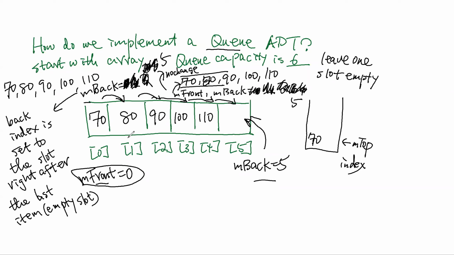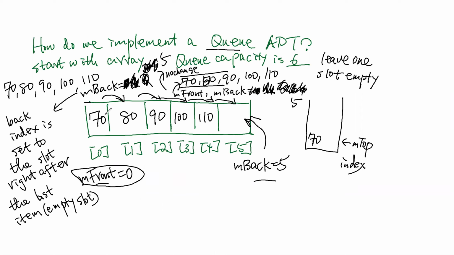And then the next one, let's see. I want to remove. Yes, please. So we have M front, but isn't that always going to be 0? Can you repeat the question?